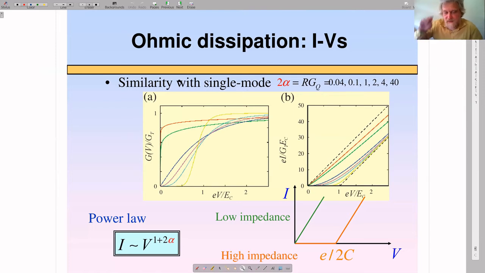So what I want to look at are IV curves of a junction which is shunted by a resistor, just the original problem which we had on the first slide. As in the case of a special environment with a single mode, let me look first at the differential conductance.